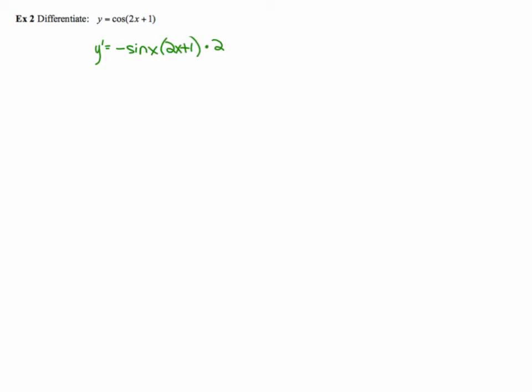So you can see here the derivative of cosine is negative sine of (2x plus 1) times the derivative of what's inside the brackets, which is times 2. And with it multiplying by 2, I can move that up to the front. And my final answer is negative 2 sine of (2x plus 1).